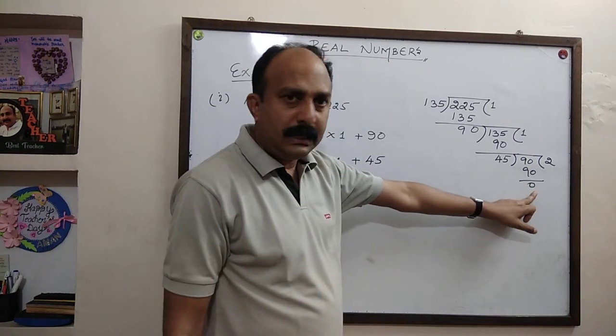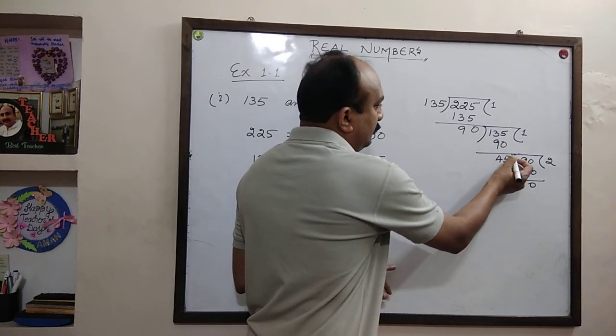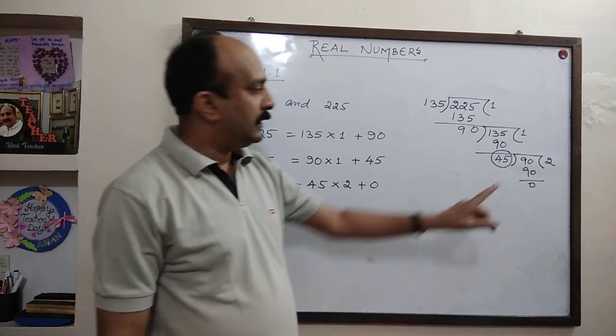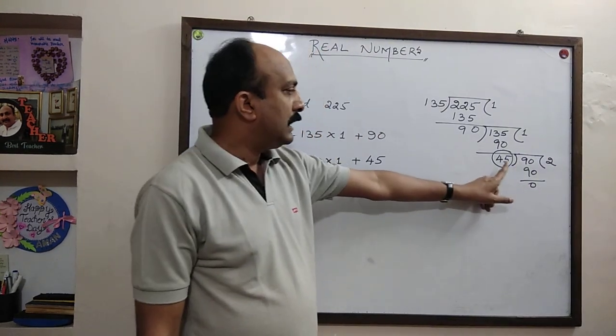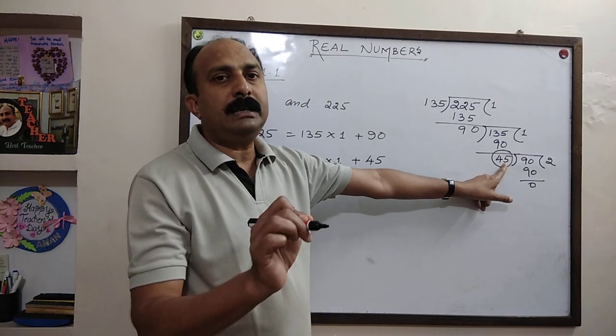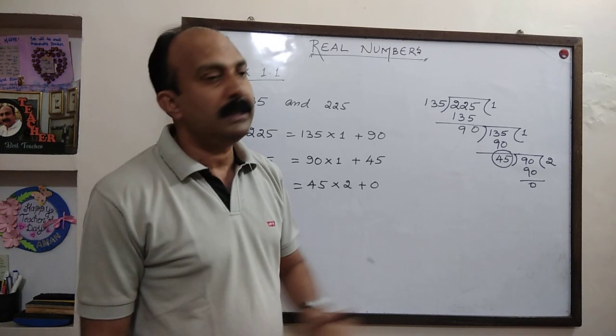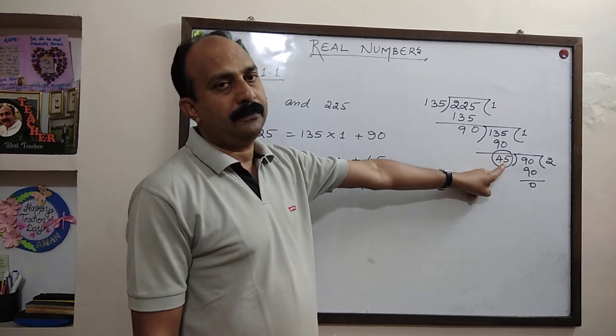Now when the remainder is 0, the corresponding divisor is the HCF. So what is the HCF of this question? 45 is the HCF.